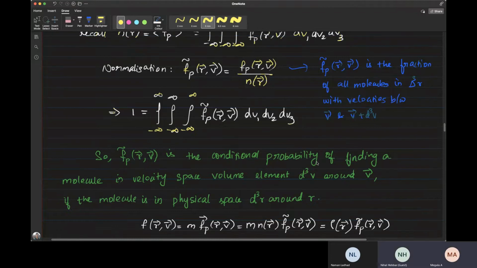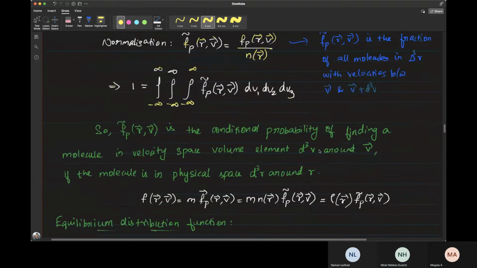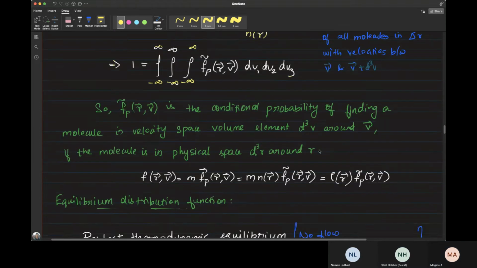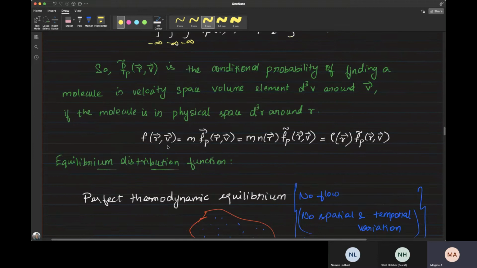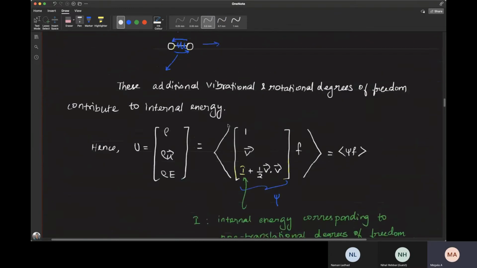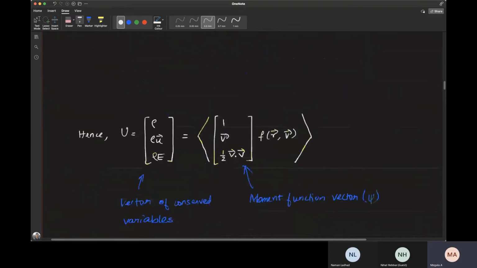So this is our normalization. As of now, we have seen earlier that F is MFP. It's not a vector basically. So we have defined earlier F to be MFP.